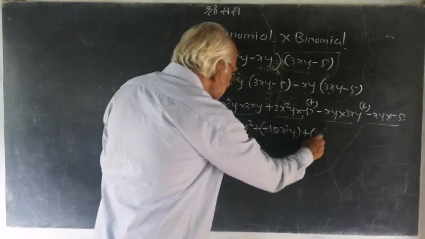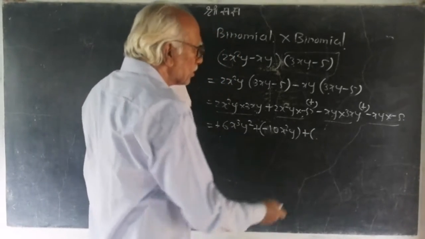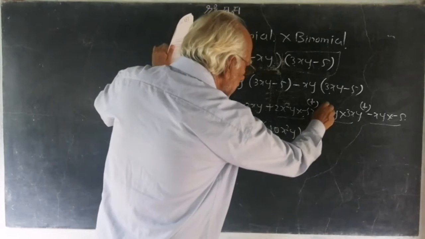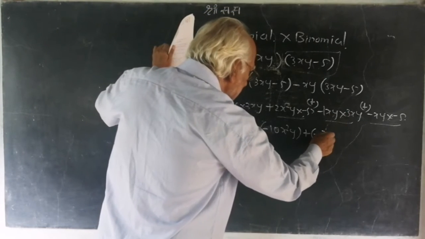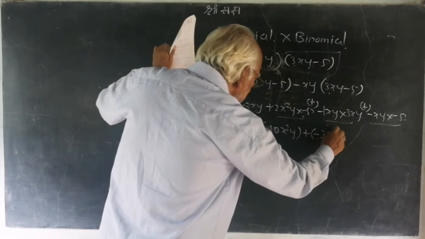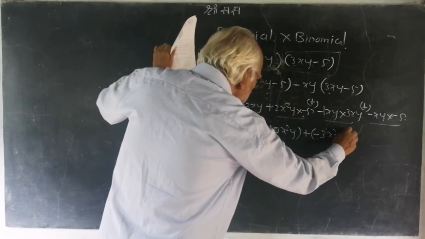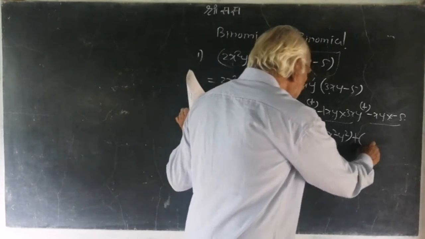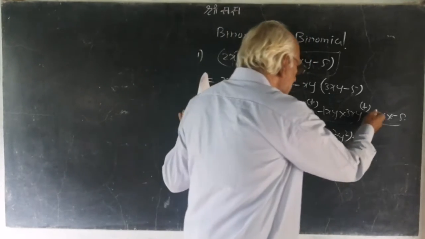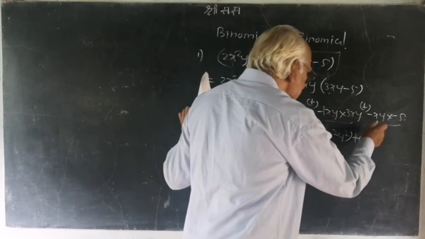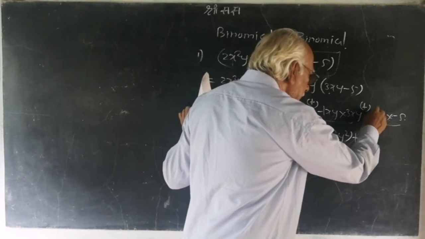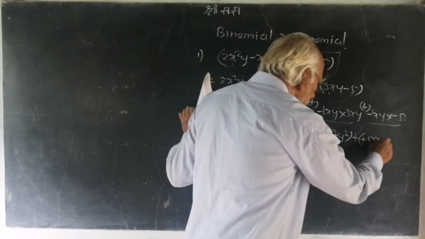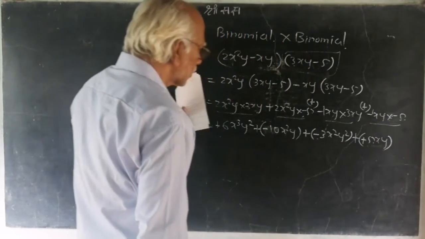Again plus. Here it is minus and here it is plus, so plus minus is minus, 1 into 3 is 3, x into x is x square, y into y is y square. Again plus. Minus into minus is plus, 1 into 5 is 5, and the variable part is xy.